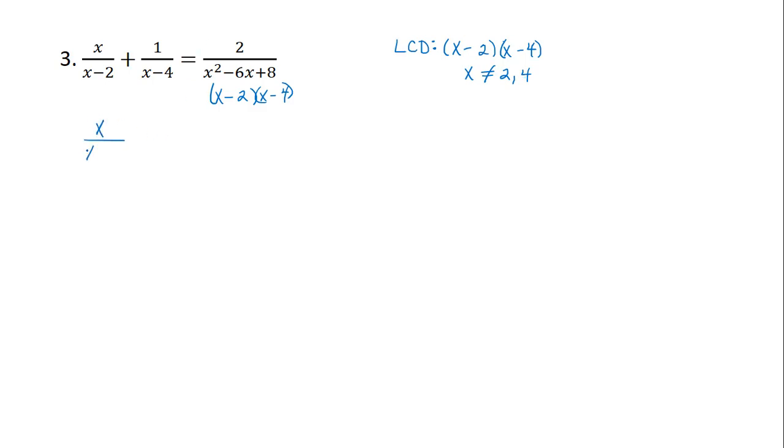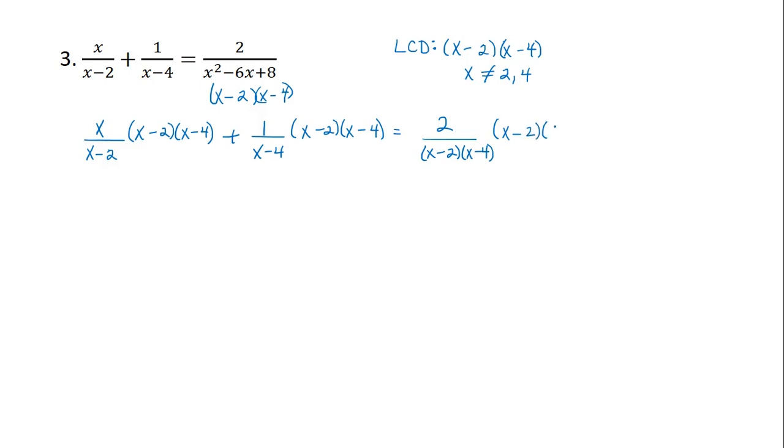Multiply each side by the LCD, or equivalently, multiply each term by the LCD. So we have x divided by x minus 2 times x minus 2 times x minus 4, plus 1 divided by x minus 4 times x minus 2 times x minus 4, is equal to 2 divided by x minus 2 times x minus 4 times x minus 2 times x minus 4.